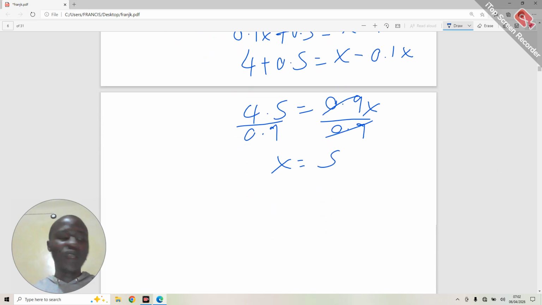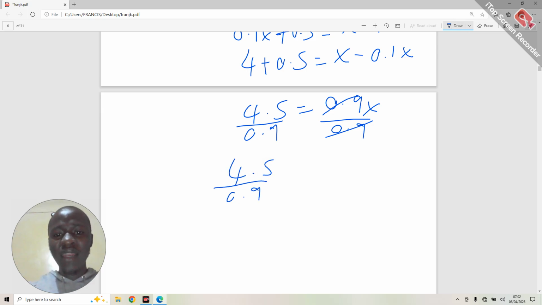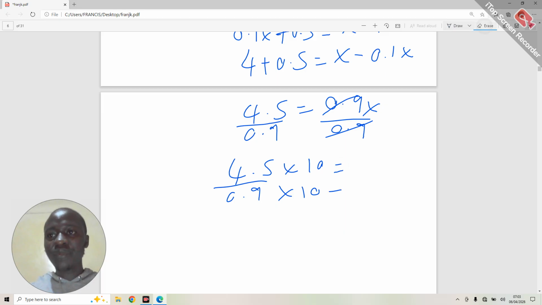But remember, the question read without using a calculator or a mathematical table. So when you just come up with an answer x is equal to 5, you want to get your full marks. So it's advisable to have 4.5 all over 0.9, then remove the decimal by multiplying by 10 by 10. So I shall have 45 all over 9.